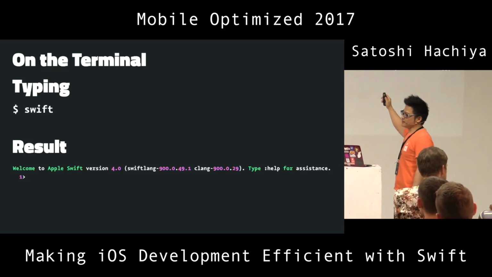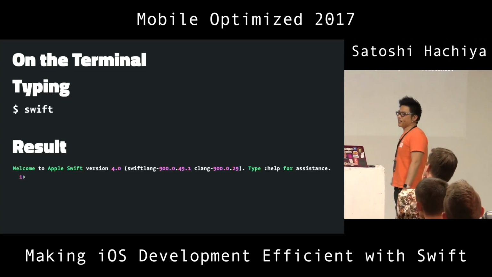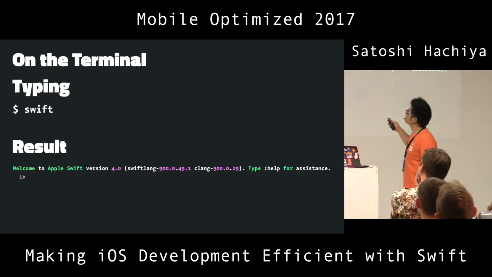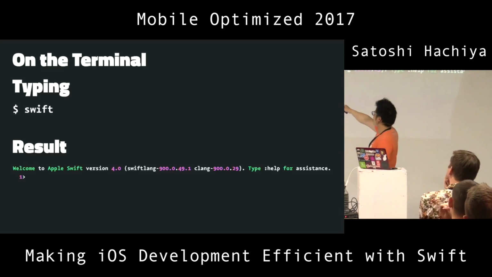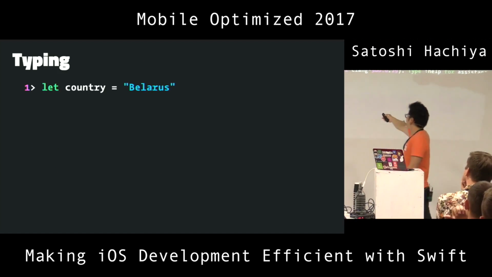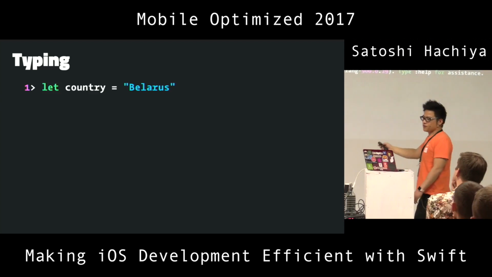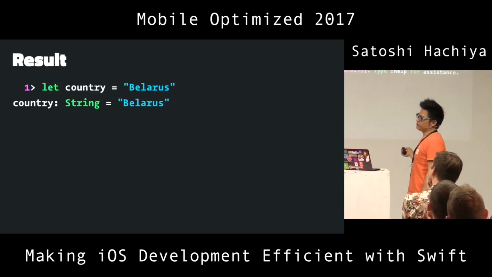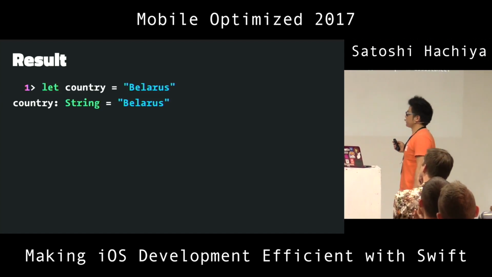If we run the swift command without any other arguments, we can launch the REPL. Typing the swift command results in: welcome to Apple Swift version 4.0. To exit, type colon quit or colon exit.